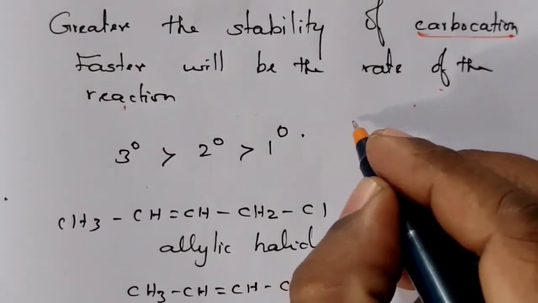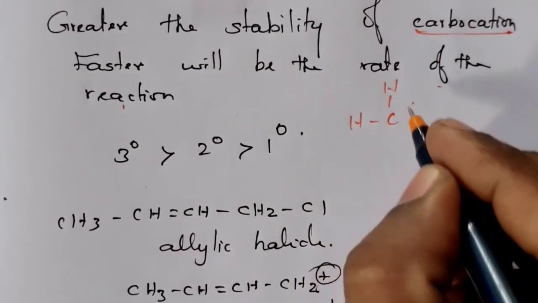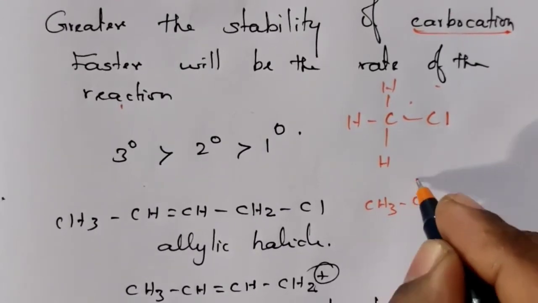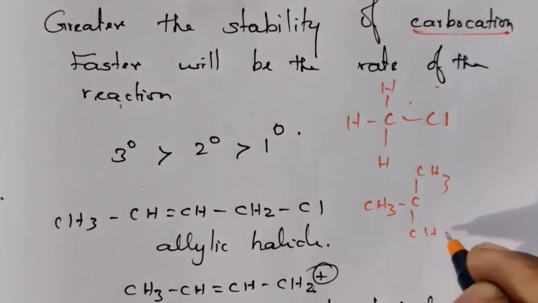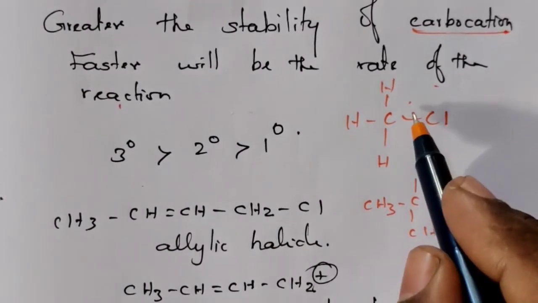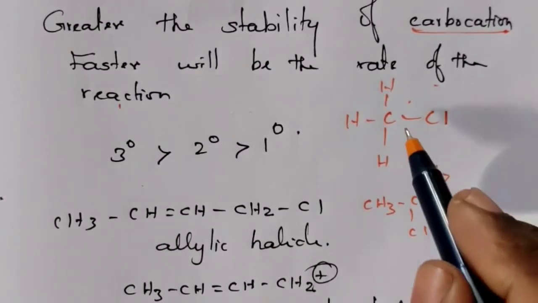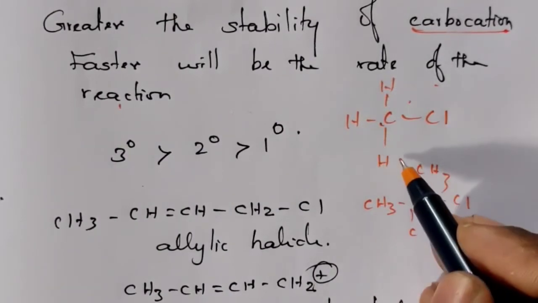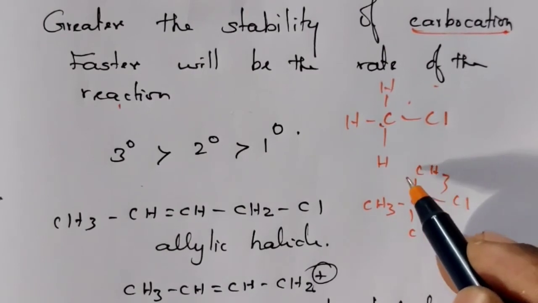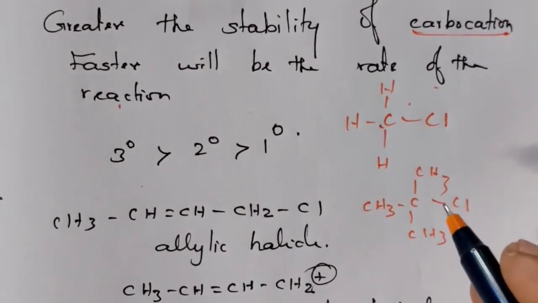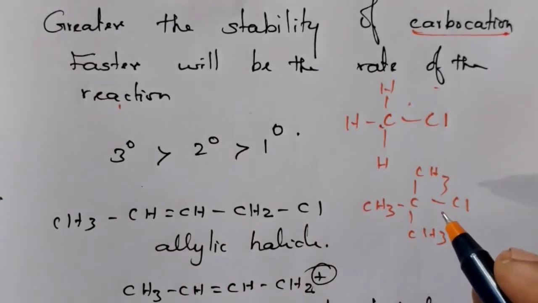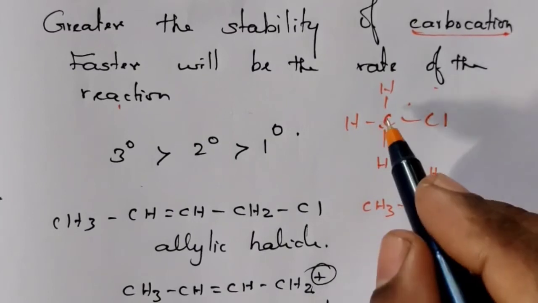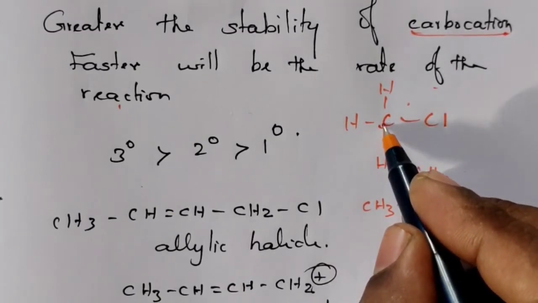Suppose we take a primary alkyl halide and a tertiary alkyl halide. Consider the stability of the carbocation formed in each. Here the carbocation carbon is surrounded by 3 hydrogen atoms alone, but here it is surrounded by bulkier groups. The presence of bulkier groups increases the stability of the carbocation. So, a tertiary carbocation is more stable than a primary carbocation.